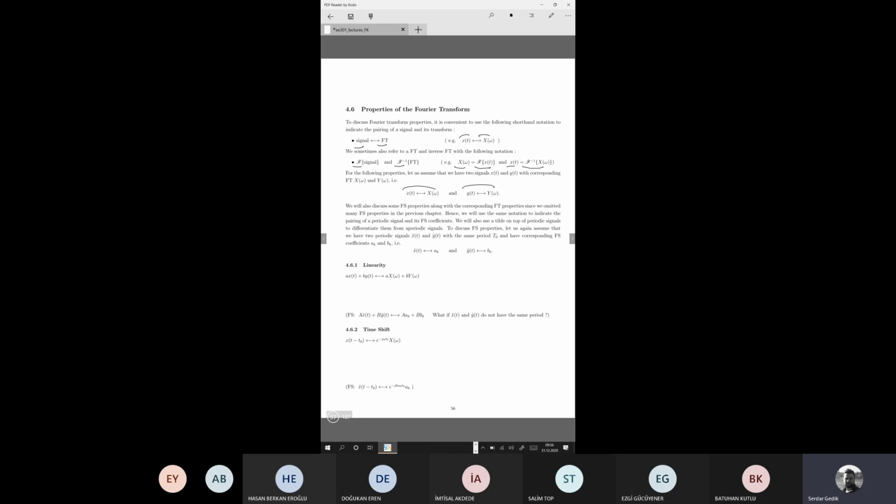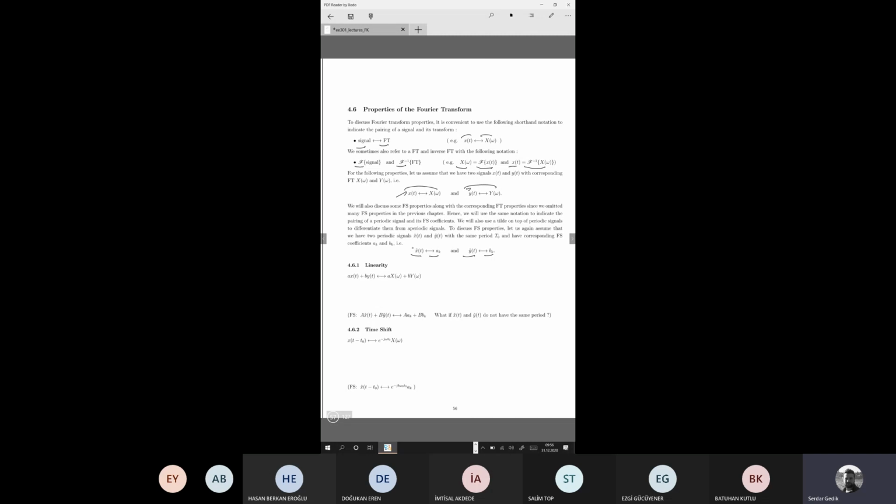So I have x tilde of t, which has Fourier series coefficients a_k, and I have y tilde of t, which is periodic, of course, with Fourier series coefficients of b_k. Note that those x of t and y of t need not be periodic, so they can be aperiodic signals as well.